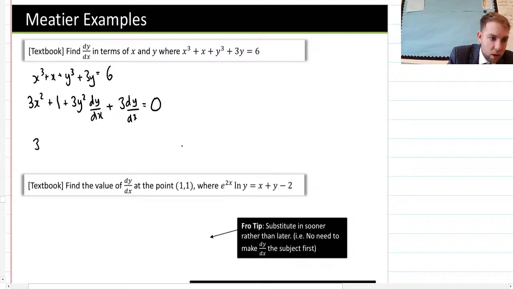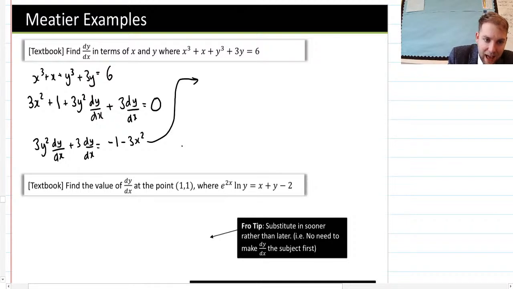So 3y squared dy by dx plus 3 dy by dx is equal to minus 1 minus 3x squared. Then I'm going to take out dy by dx as a common factor.